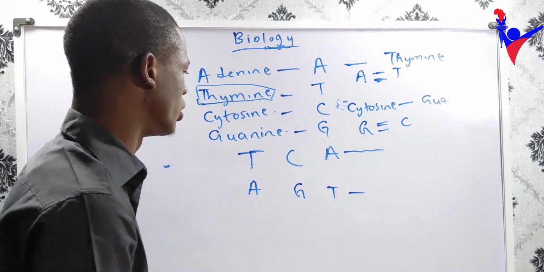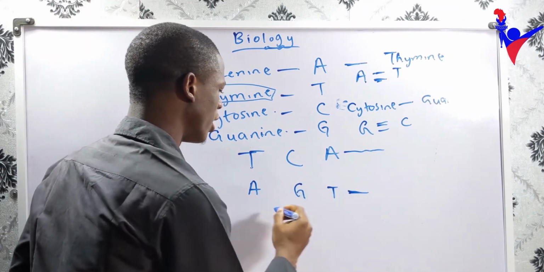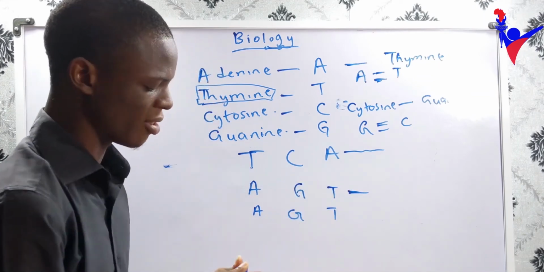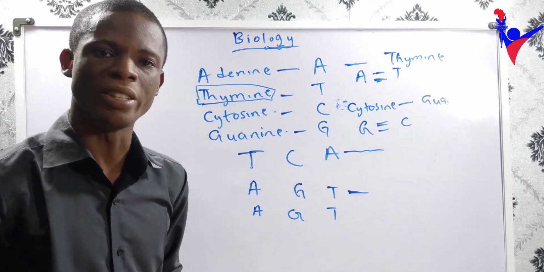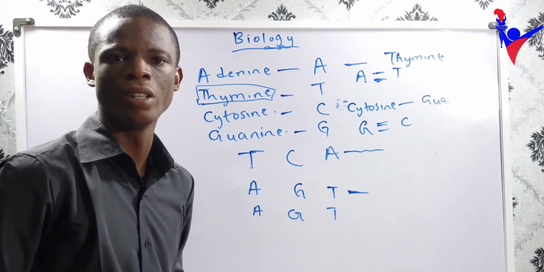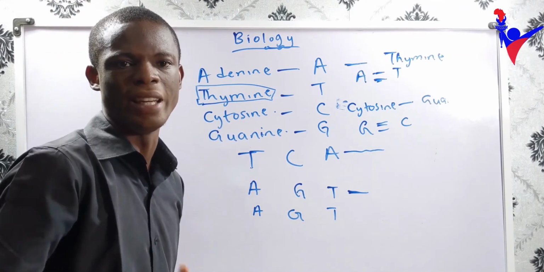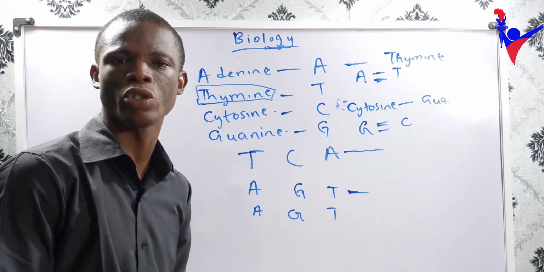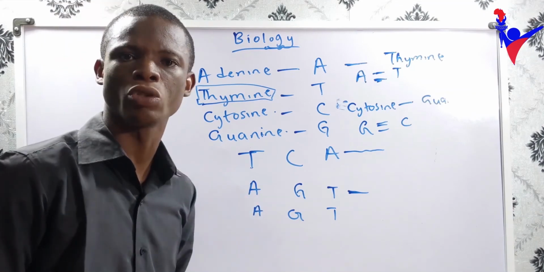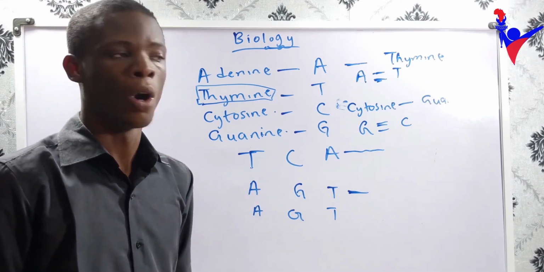So the correct answer is AGT, as you can see on the board. Please mind you, thymine is replaced in an RNA strand with uracil.